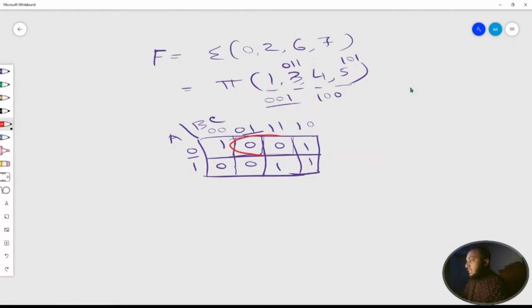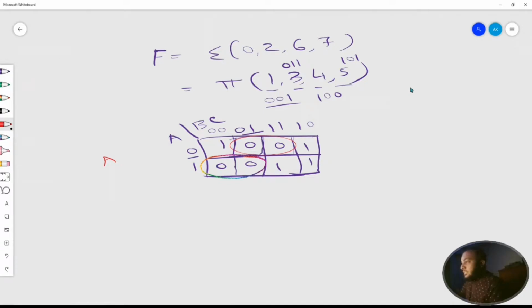We can form a group like this and another group like this. Okay, now for the red group you can see it is in the first row. So in the first row A is not changing and it is remaining 0, and as we are writing for the POS form, if the unchanged input is 0 then we will take just the input's name, and if the unchanged input is 1 then we will take the input with a prime.